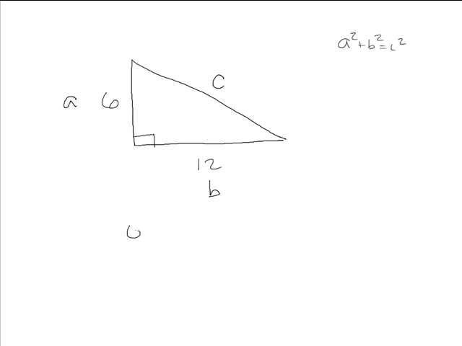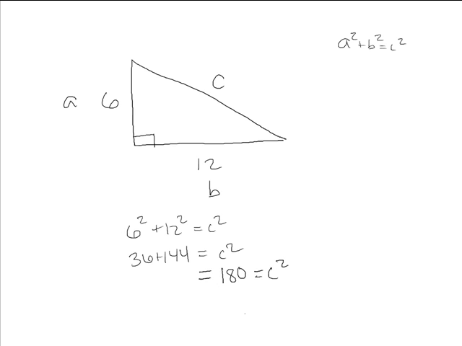So we've got 6 squared plus 12 squared equals c squared. We can do a little bit of algebra over here. 36 plus 144 equals c squared. And if we do that, 36 plus 144 is equal to 180. And that is equal to c squared.